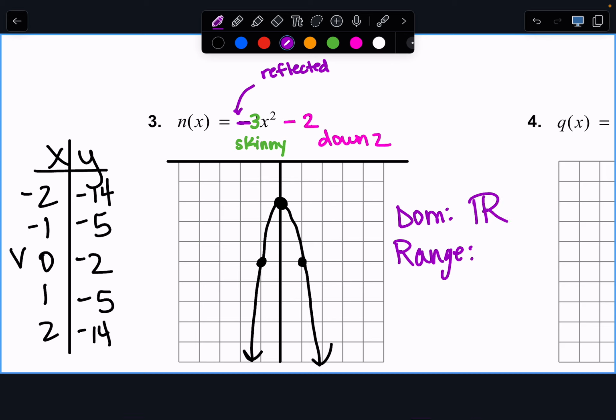All real numbers. Emily, what do you think about the range? Where do the y values start? -2. Is y bigger than -2 or smaller than -2? All right. So y is less than or equal to -2. That's our range.